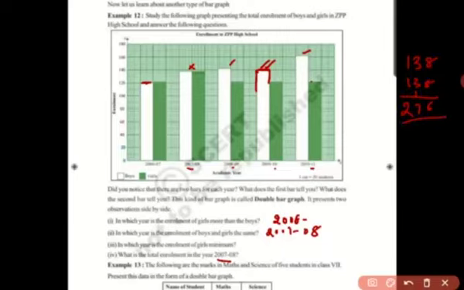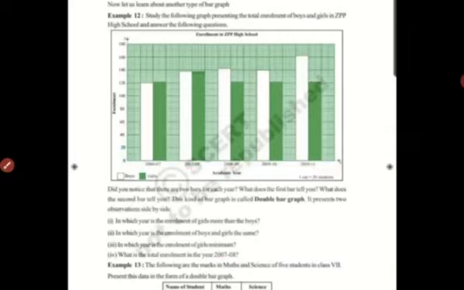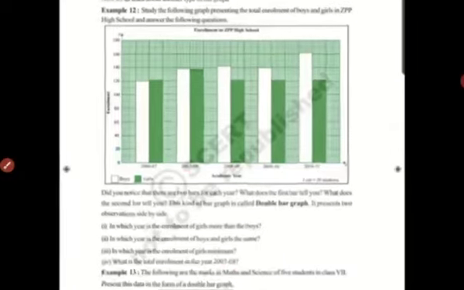So this is how, when a bar graph is given, you just observe the graph, which is representing and giving some data and information to you. This is how you study from the double bars.